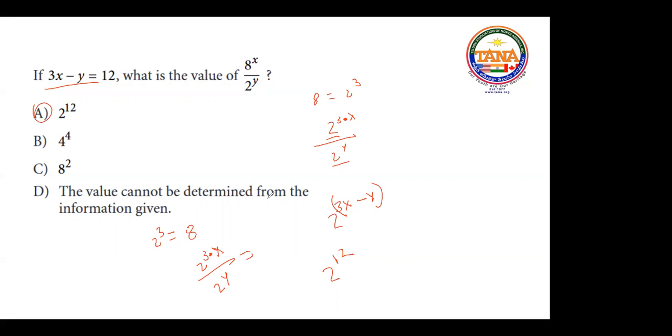Because of exponent rules, you have 2 to the 3x minus y, because when you have division like this, you could just subtract the bottom exponent if the bases are the same. And we know 3x minus y is 12 because that's what it says right here. So the answer is 2 to the 12th, and that is A.